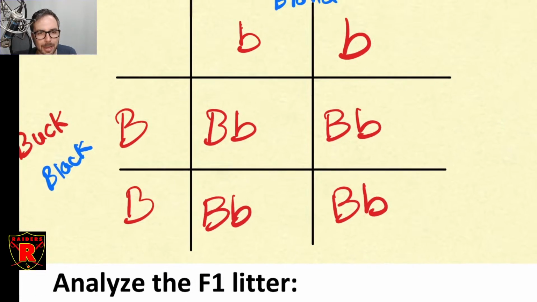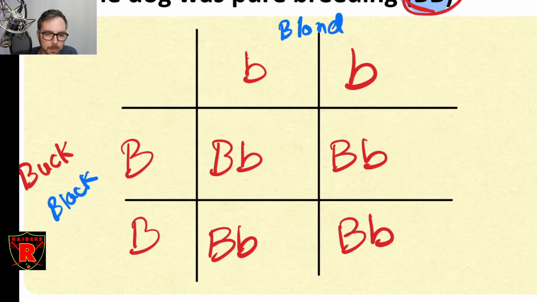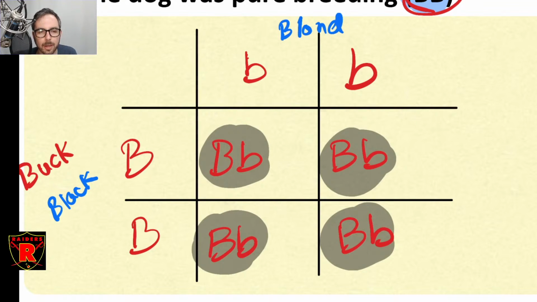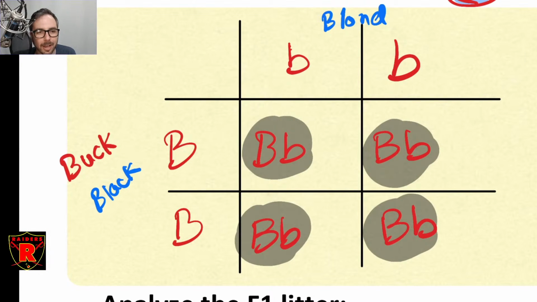You can go through and do the math. So you have a little b and a big B. Every single one of them is going to be big B, little b, and that means they will all be black. No matter how many times you breed this blonde one with this black one, you will always get a black dog. So in that case, if you get a litter of black puppies, every puppy is black, you generally can say that you have a Buck, a purebred dog.